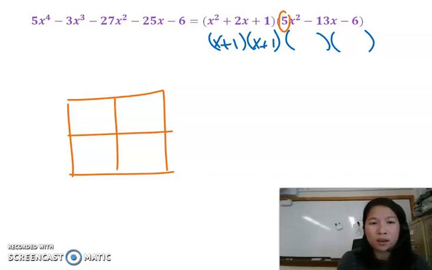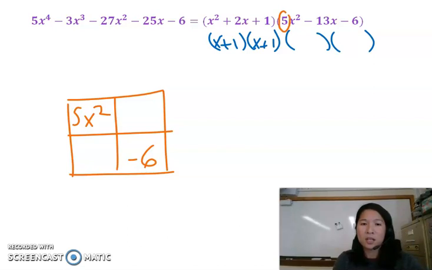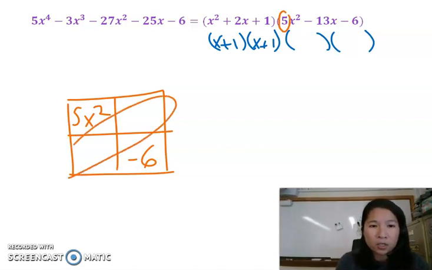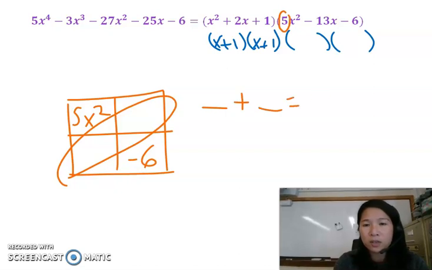Okay, so we have 5x squared and negative 6. And we know that we need to add these two terms together to give you negative 13.